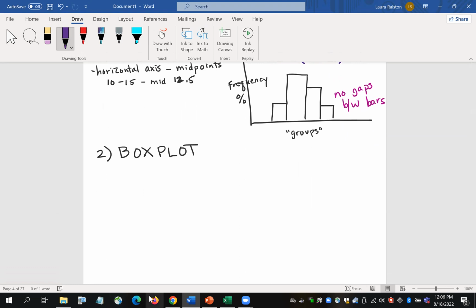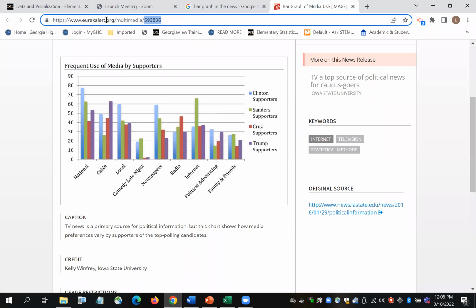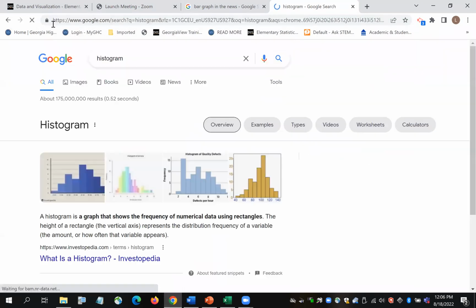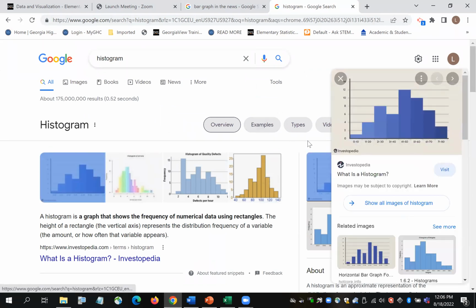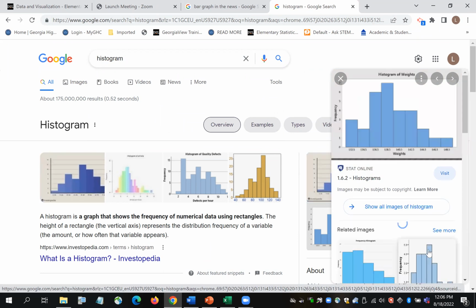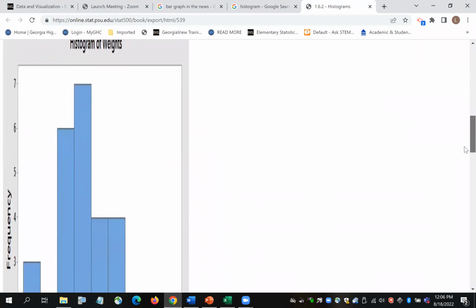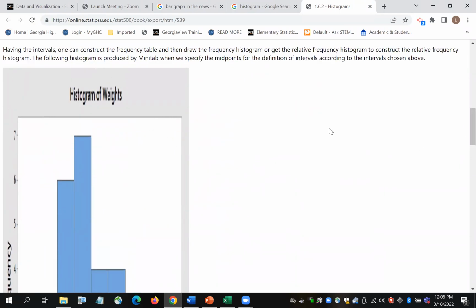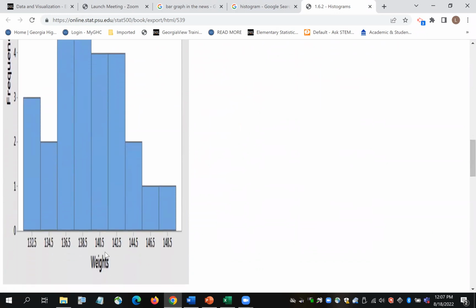Let me see if I can show you a picture real quick of a histogram, just so you can have a better picture. Now that's not a great one because it doesn't give us a, well, where did it go? Okay, this one gives us a histogram of weights, and you can kind of see the weights are across the bottom.